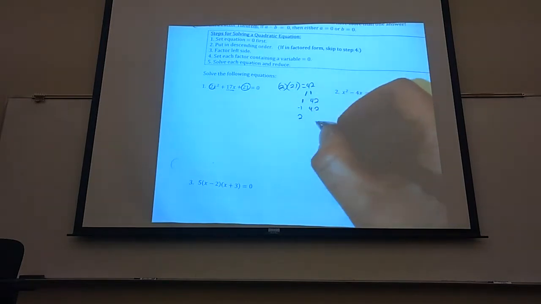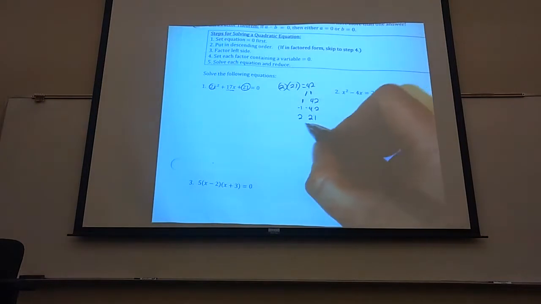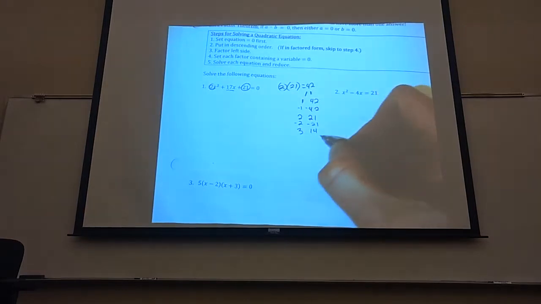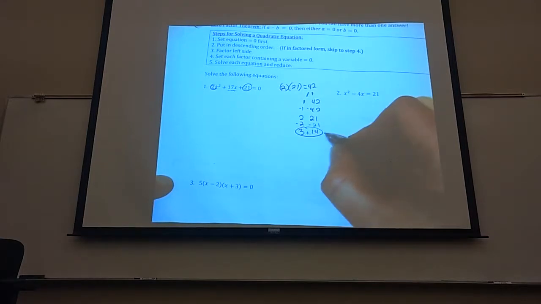Will 2 go into 42? Yeah, 21 times. And I also always look at the signs. If this is a positive number, either they can both be positive or both be negative. And what'd you say was the next one? 3 and 14? And you see that those add up to 17. 3 plus 14 is 17.